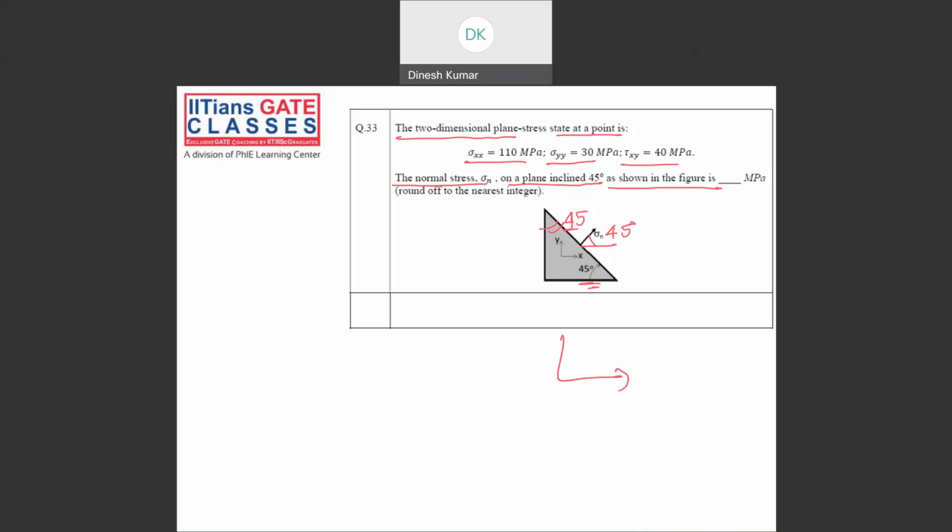So we know from stress transformation, your stresses in xy directions are given. If you find stresses at a 45 degree angle, and this 45 degree angle is measured in anti-clockwise direction, this is sigma s, this is sigma t. Now what is asked? This sigma n is sigma s, and we know from our stress transformation matrix, if I write my matrix, what is sigma s, what is sigma t, and what is tau st?